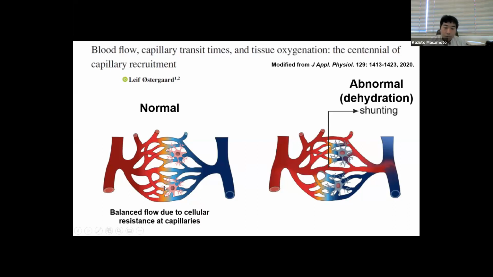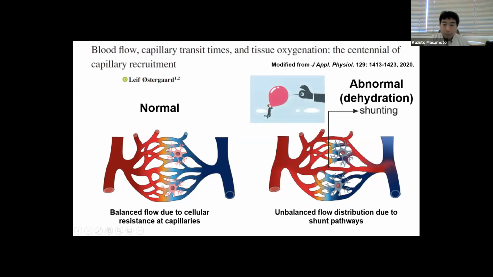So balanced flow due to cellular packing is important to maintain the resistance and the fluctuation in the capillary networks. And if unbalanced, only a single shunt pathway could happen, so this causes little flow here.